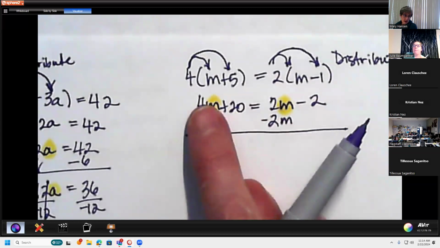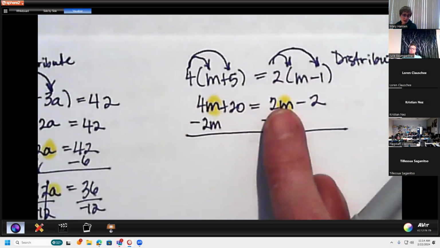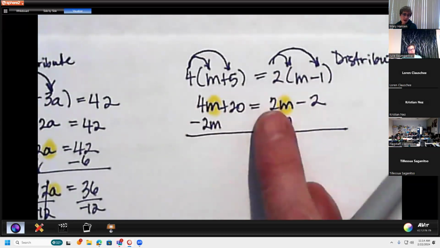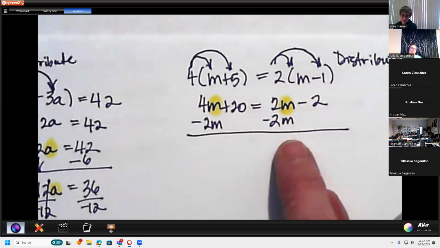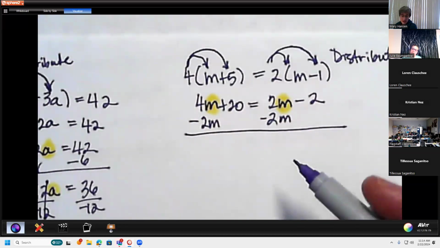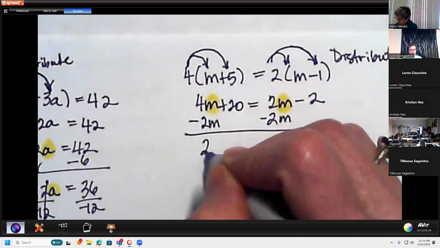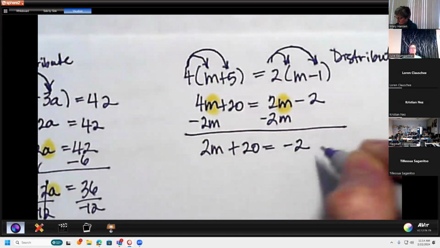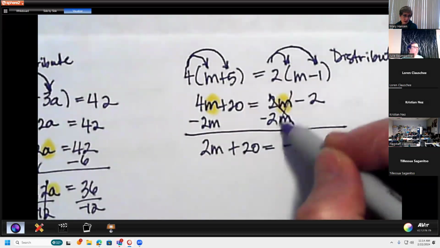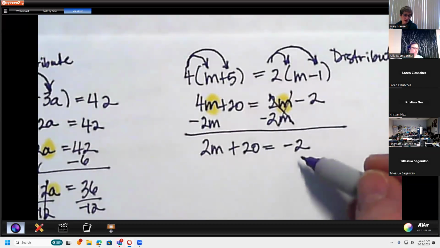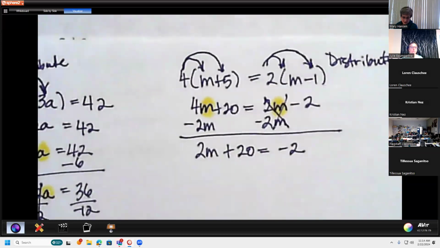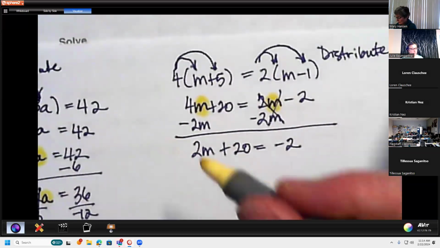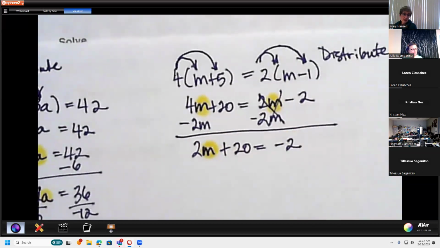If you subtracted 4m from both sides, your m's would be on the right-hand side and they'd be negative, which is, again, okay. But I like to keep my variable positive if I can. 2m minus 2m is 0. The minus 2 comes down. And on the left, I have 2m minus 20. And now I am down to a two-step equation.